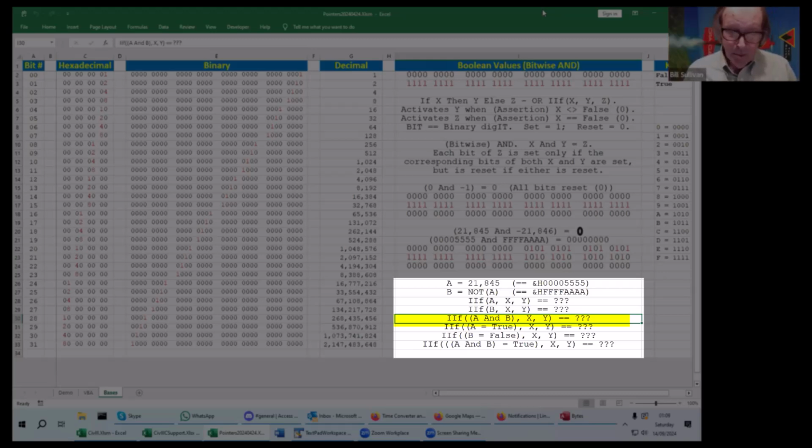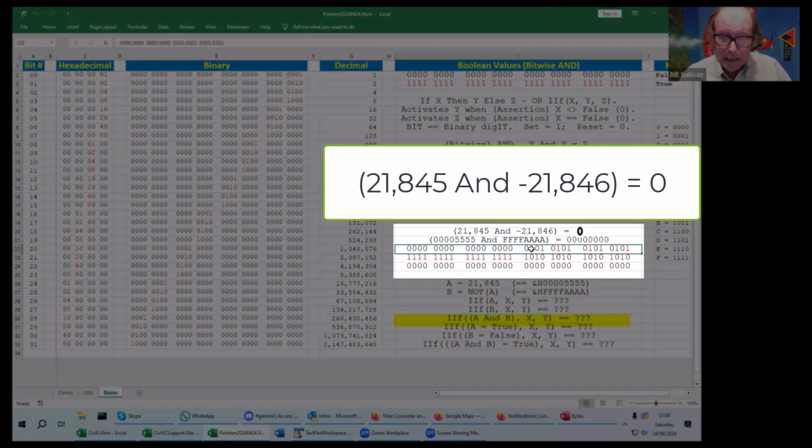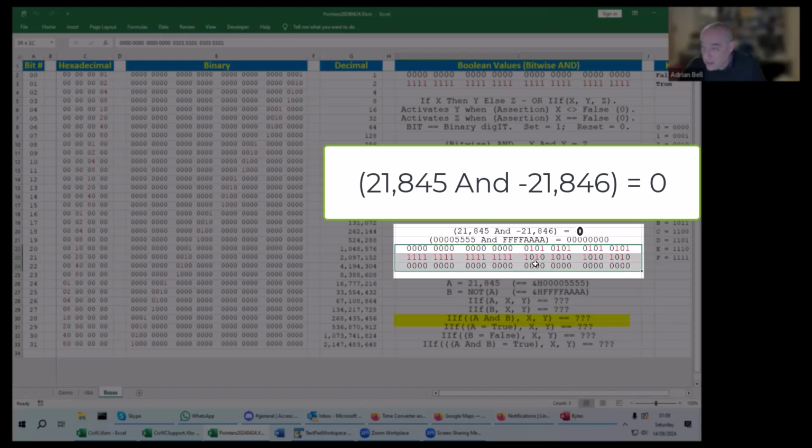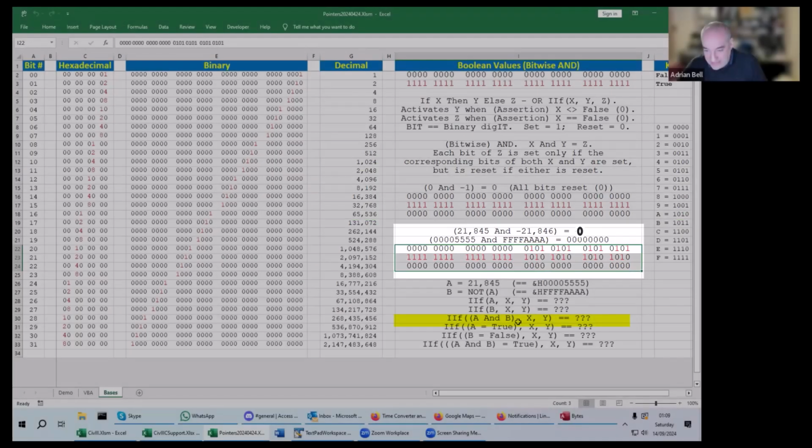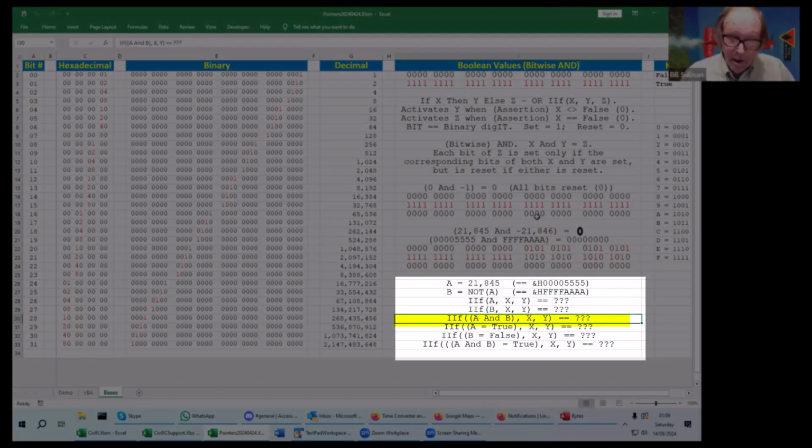A and B, we've already determined above is false, right? Where have we determined that? Oh, above, when we did the bitwise comparison. Are we talking about that? Excellent. Yes. And so shortcutting and just using the values we already know, A and B are false.